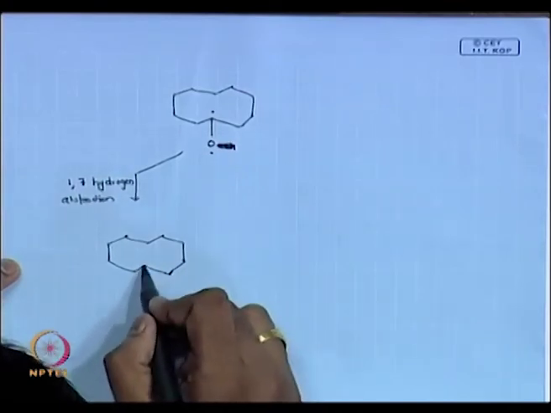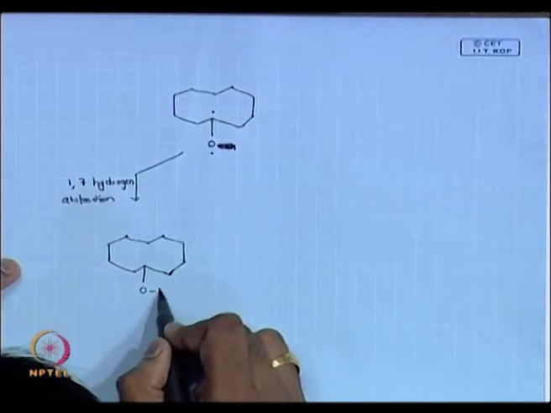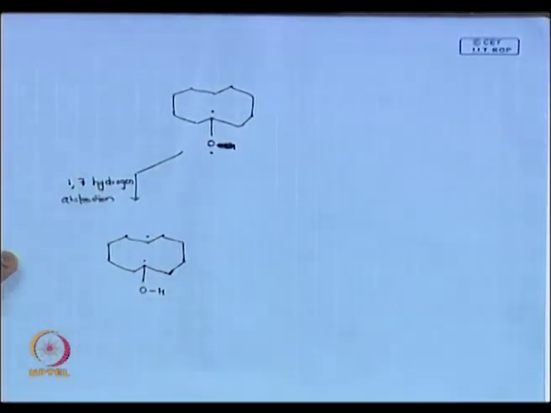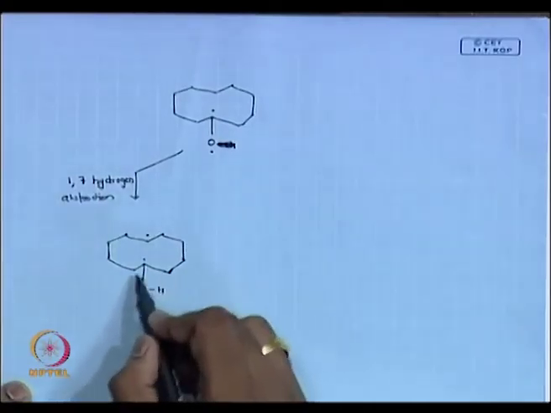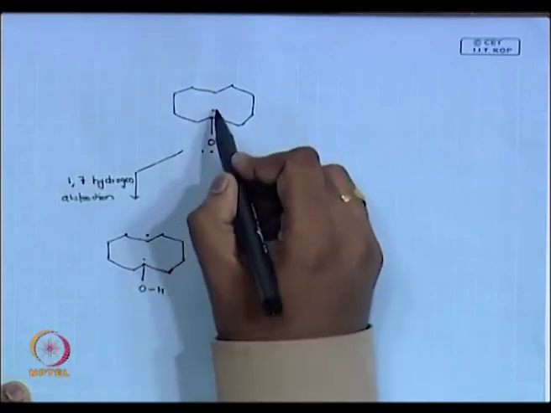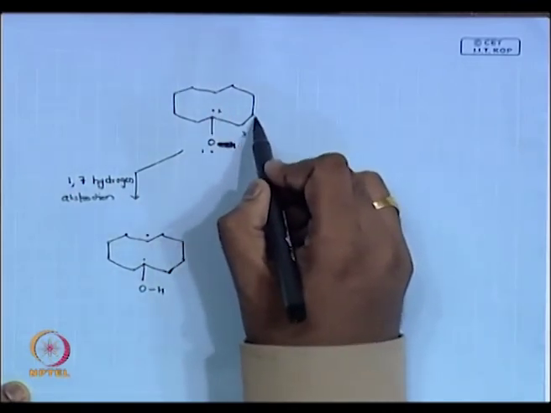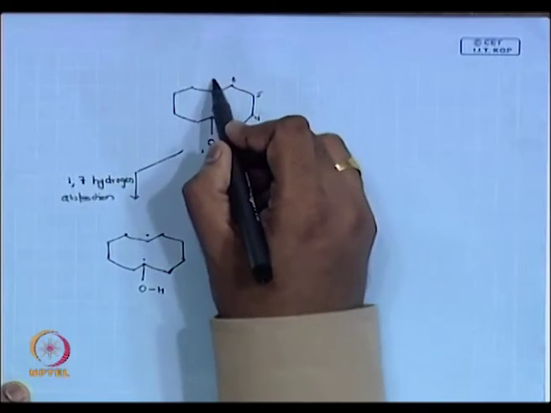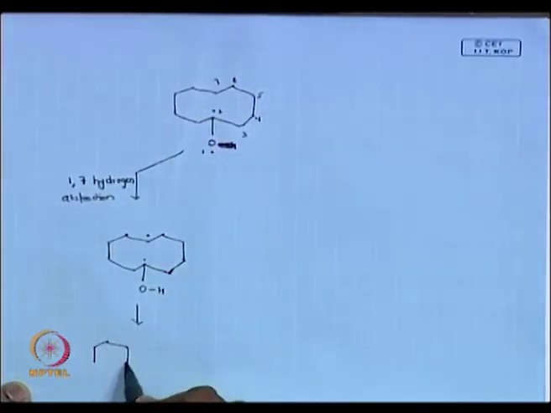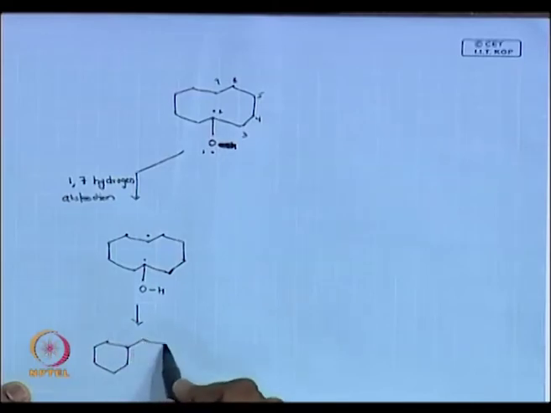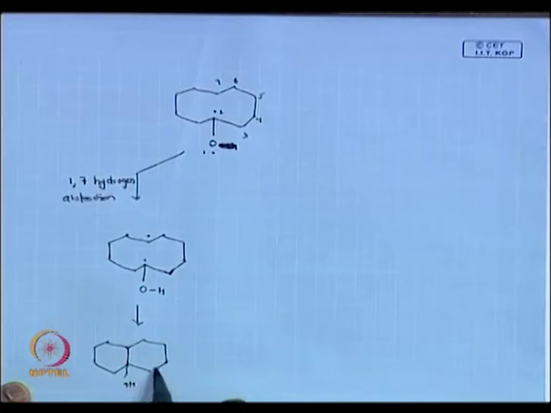So, you get a nice OH. As you said 1,7, I can take it, right. So, 1, 2, 3, 4, 5, 6, 7. Get this, okay, that is all.